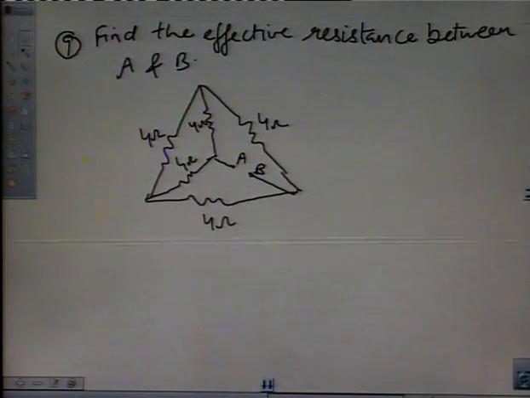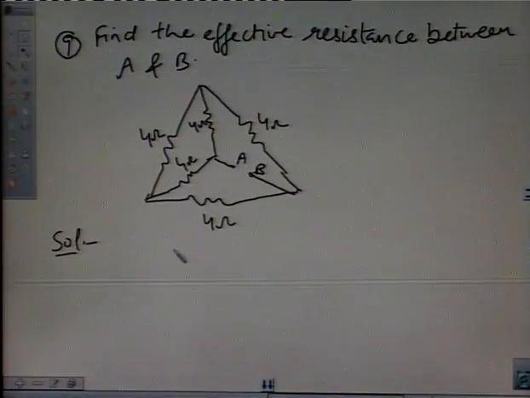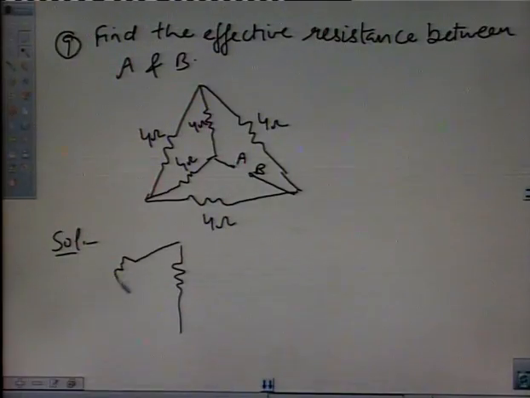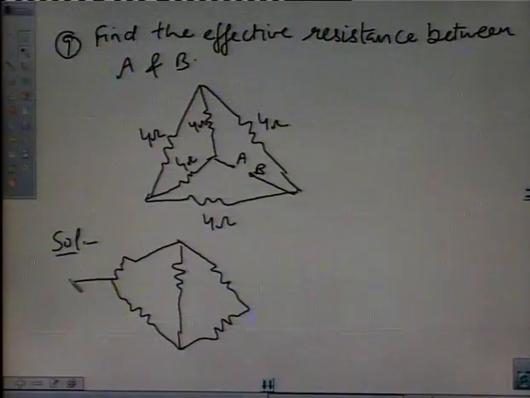Diagram, we can draw it again. If we take this point A outside, we can draw it like so.